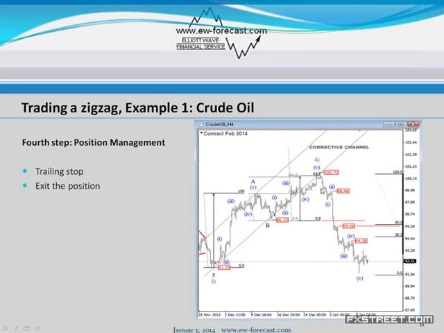So as you can see here, later on, crude oil moved noisily to the downside. As soon as I spotted this sharp move to the downside, I obviously made my stops very tight. As you know, if the market is in wave 3, like here, then you will typically move stops into the territory of wave 1.